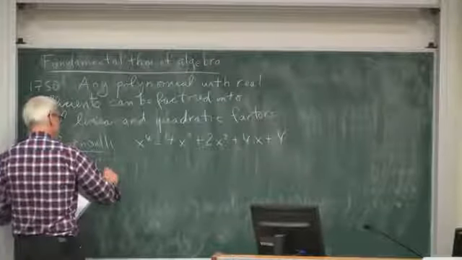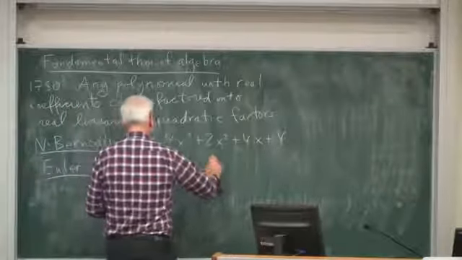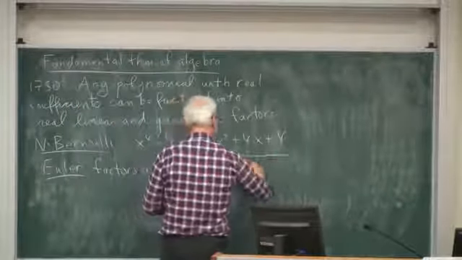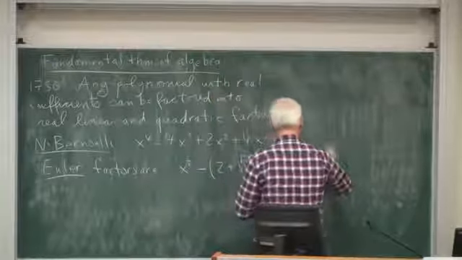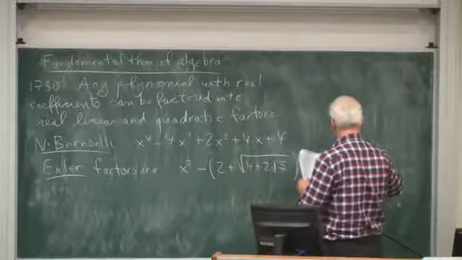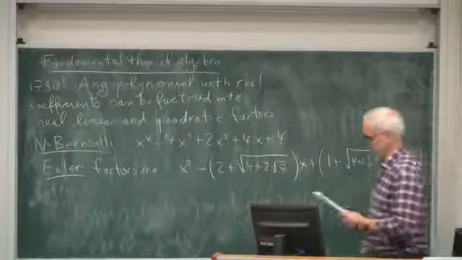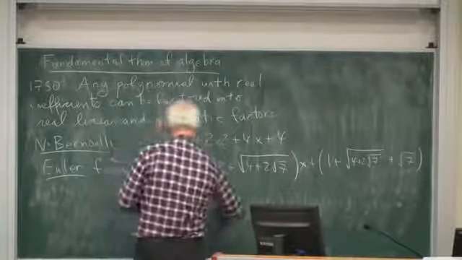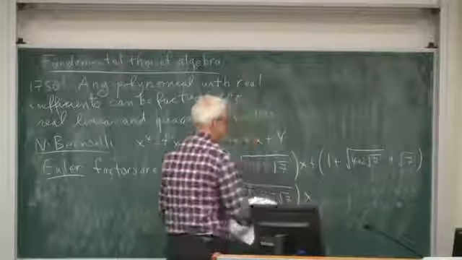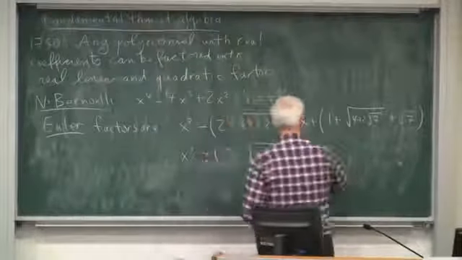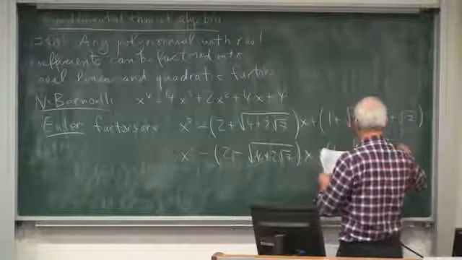There are two factors. The first one is the quadratic x squared minus 2 plus square root of 4 plus 2 square root of 7, x plus 1 plus square root of 4 plus 2 root 7 plus root 7. And the other factor is a lot like that, x squared minus 2 minus square root of 4 plus 2 root 7, x plus 1 minus square root of 4 plus 2 root 7 plus root 7.